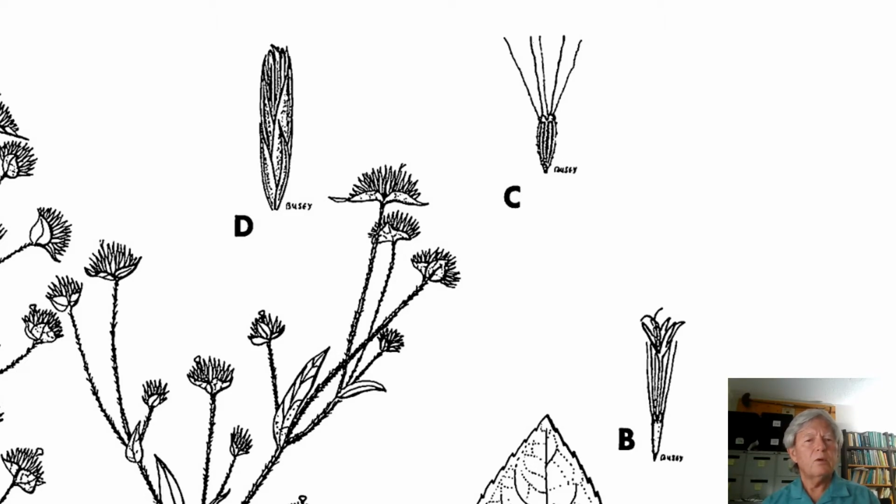It was very important for me, once I understood it, to include item D, which is the capitulum, or the head of this species. Now, what looks like a head on the illustration below is actually a cluster of individual heads. D, as you can see, has the characteristic of a head of the sunflower family.